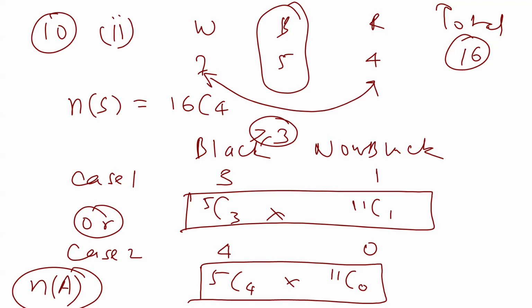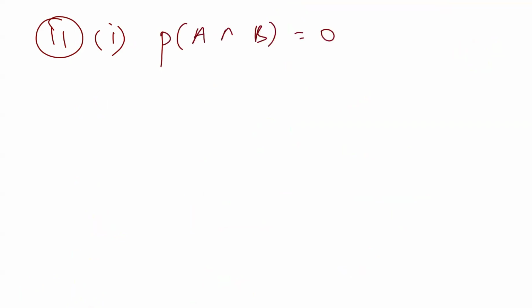So let us proceed with question number 11. Question 1. A and B are two mutually exclusive events. So P of A intersection B is equal to 0.